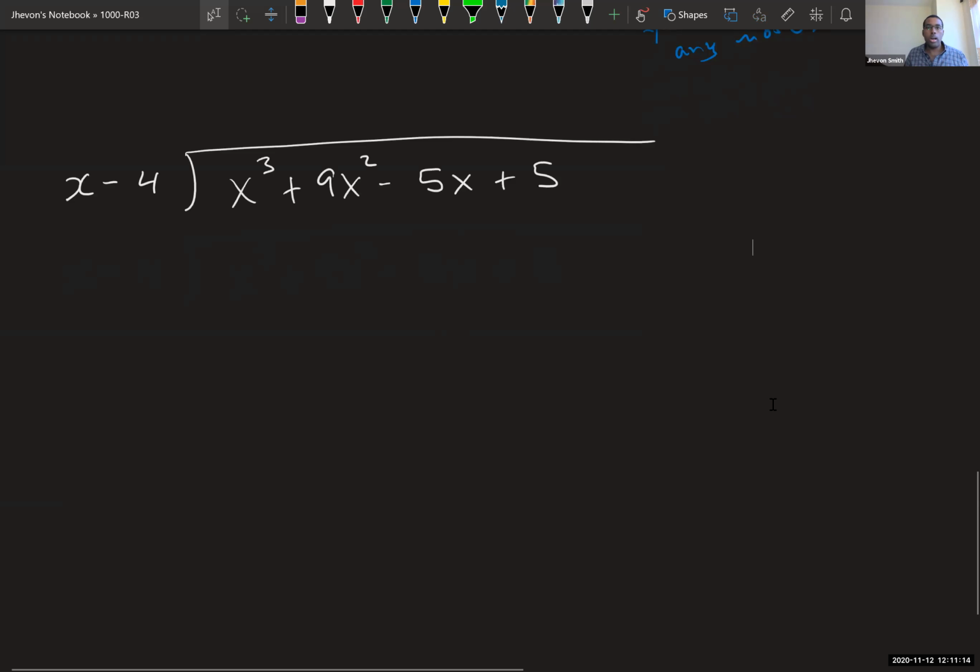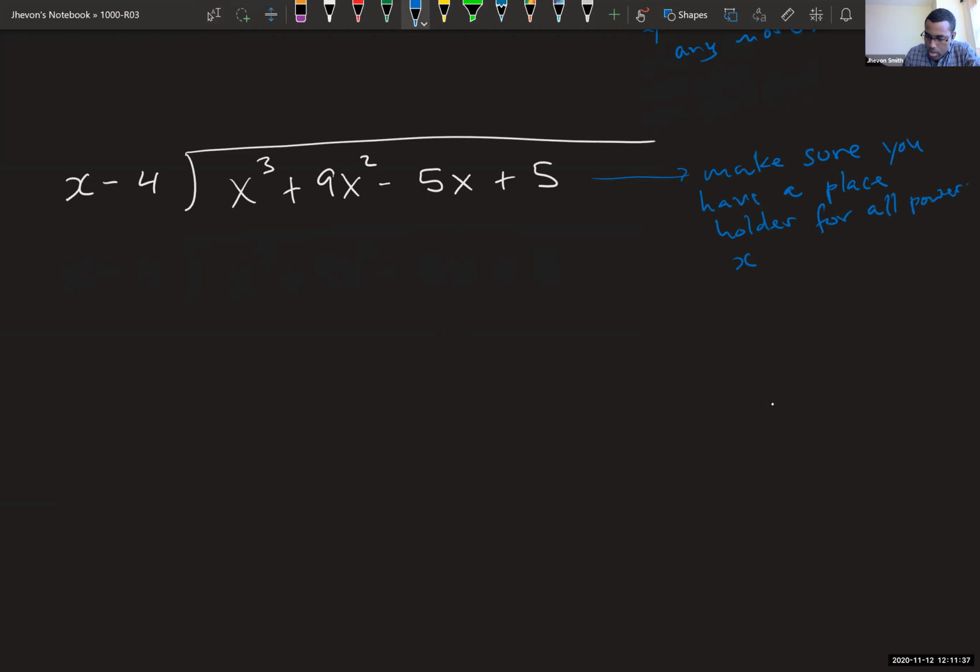And now remember, the first step in the setup is to make sure you have a placeholder for all powers of x, from 3 down to 0. So that's very important.